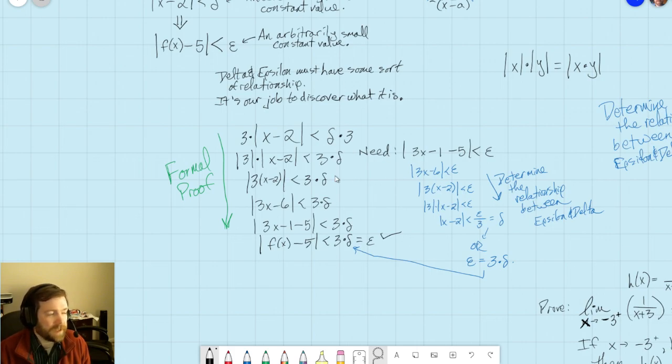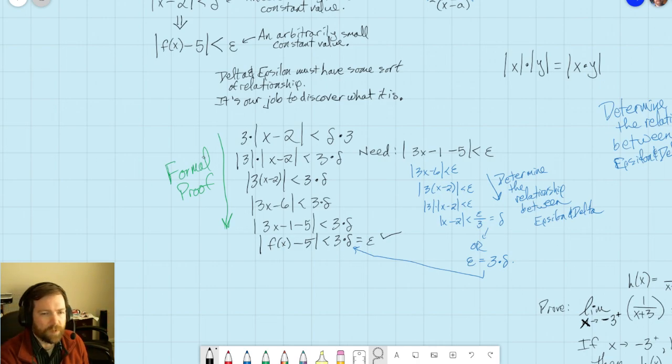And so I was like, okay, well, if you do it with a linear function, yeah, it's pretty nonsense because you can literally just do the formal proof part of it without doing a whole lot of work. If you just see the part that you need over here, you can be like, oh look, it's 3x minus 6. That's triple x minus 2. And we can come up with that. Okay, no problem.